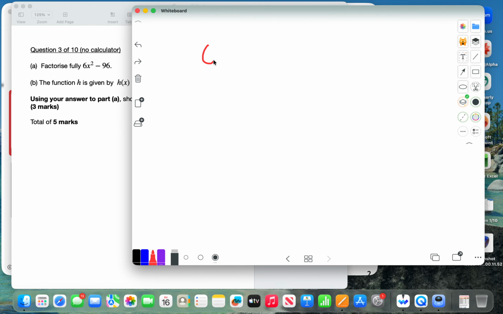You have 6x squared minus 96. We have to factorise this. The first thing you want to look for when factorising is the common factor. It's the most fundamental thing you want to look for.